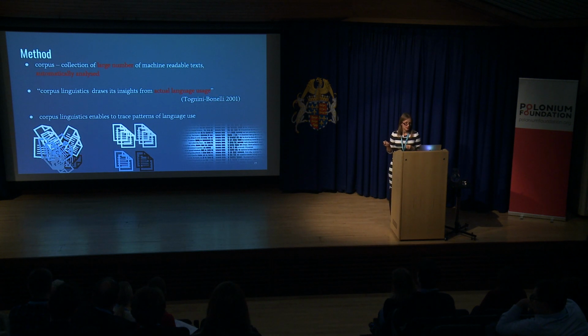And I'm using a corpus linguistics method, and that means that I take all the texts that I gathered for my analysis and look for regularities in them. So I analyze them automatically, and I'm looking into patterns that distinguish one language variety from another.